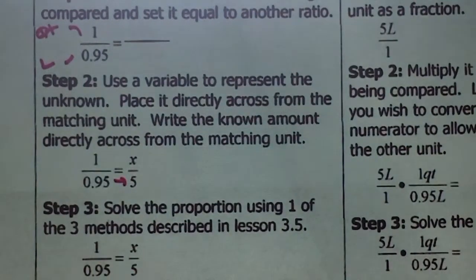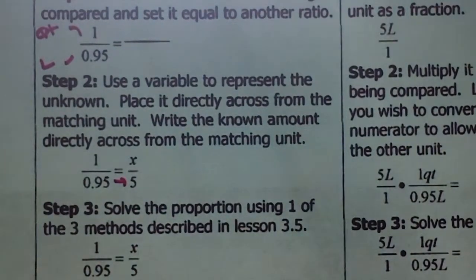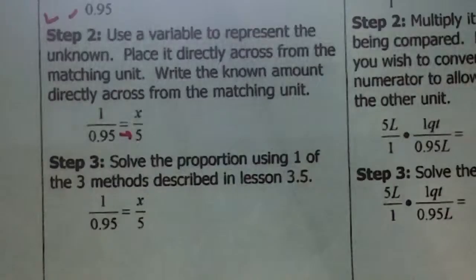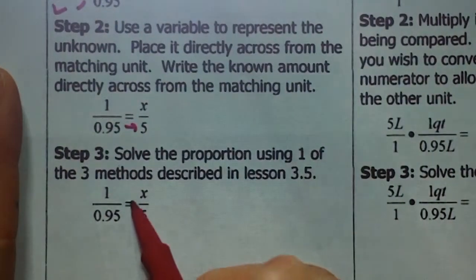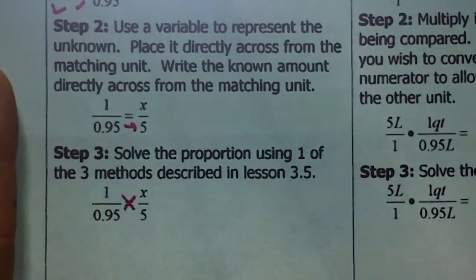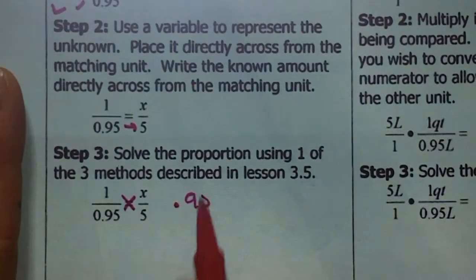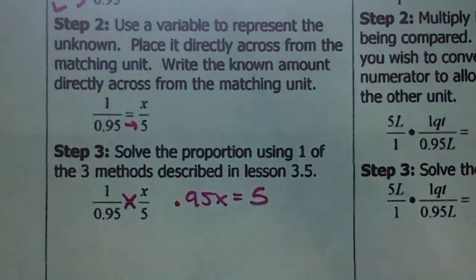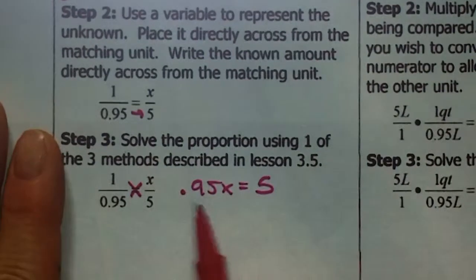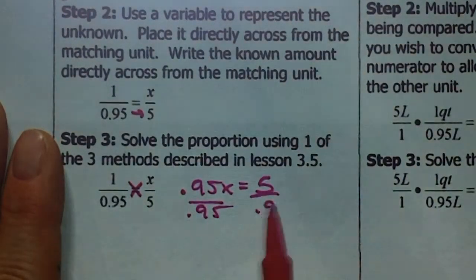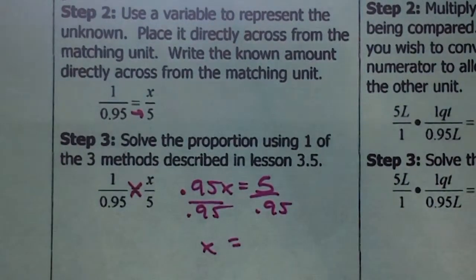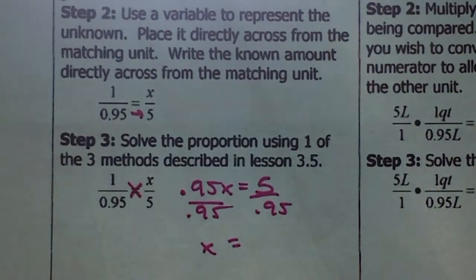Now we have a proportion, so I would use the cross products property. You get 0.95x equals 5. Divide each side by 0.95, and 5 divided by 0.95 gives a really long decimal.